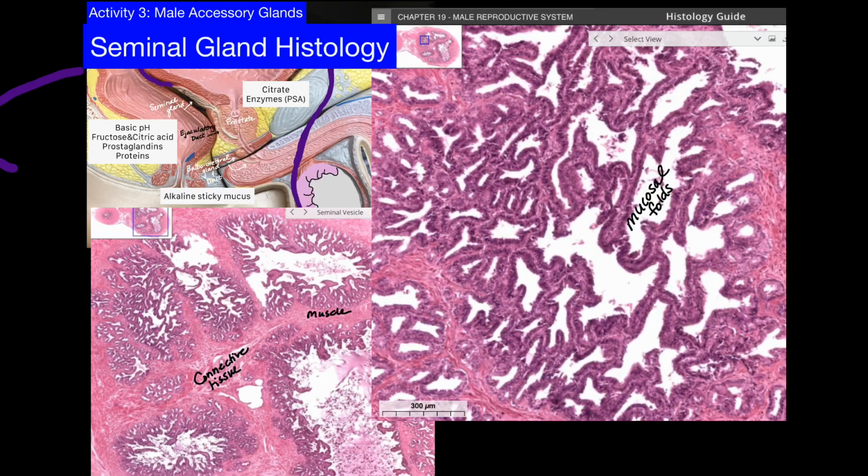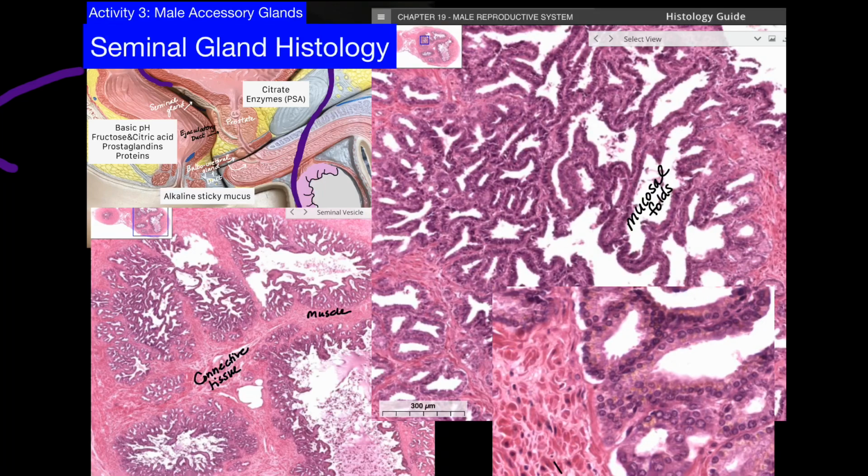These are all of the mucosal folds, and you can see that they essentially divide the gland up. If we zoom in even closer, you can see that the specific tissue layer that makes up these mucosal folds is pseudostratified columnar epithelium. And we can see all the stacks of nuclei here as well.